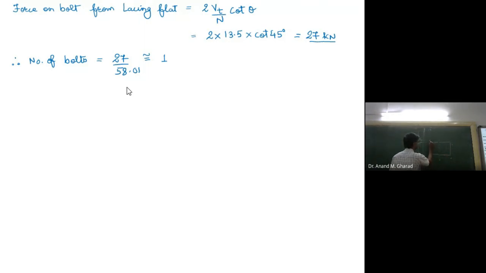This will be the distance from here to here. This is G. And this will be C1. ठीक है?